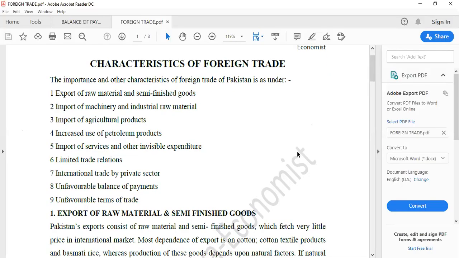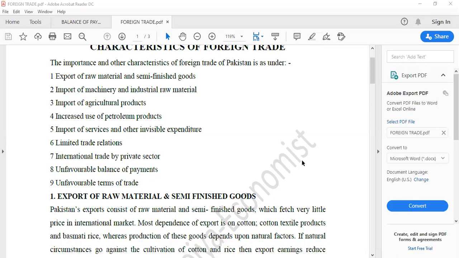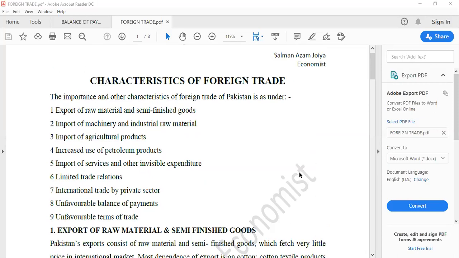They are 9 in number: export of raw material and semi-finished goods, import of machinery and industrial raw material, import of agriculture products, increased use of petroleum products, import of services and other invisible expenditures, limited trade relations, international trade by private sector, unfavorable balance of payments, and unfavorable terms of trade. These are the characteristics of trade structure of Pakistan.